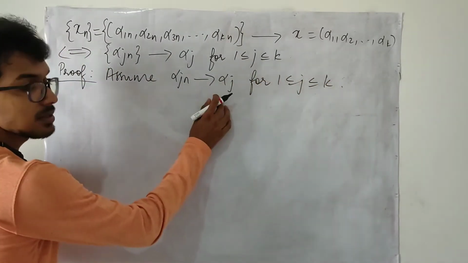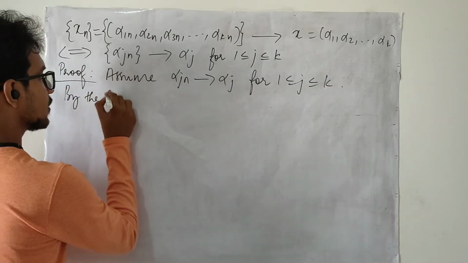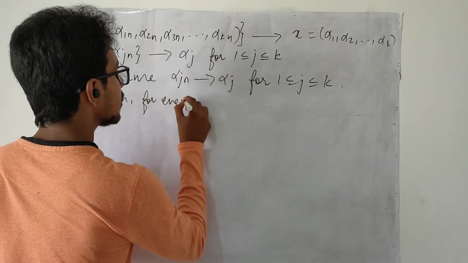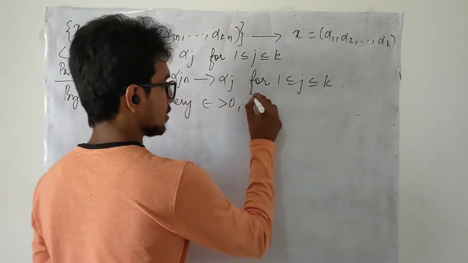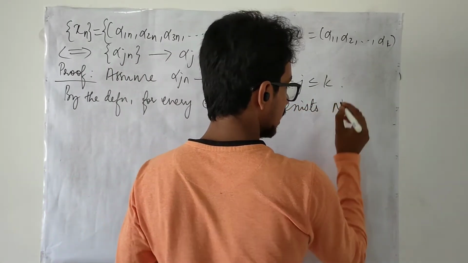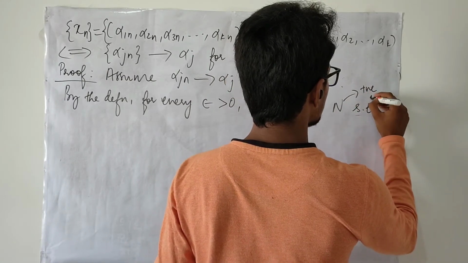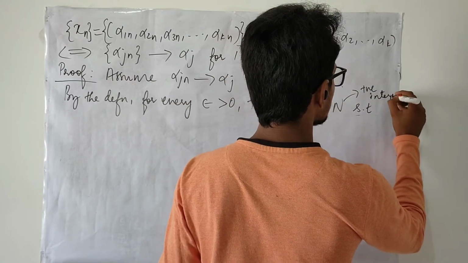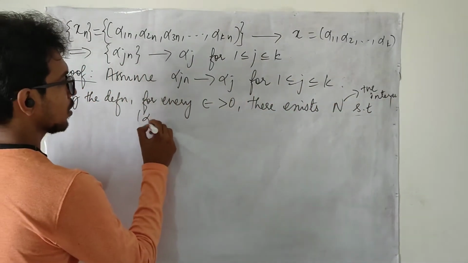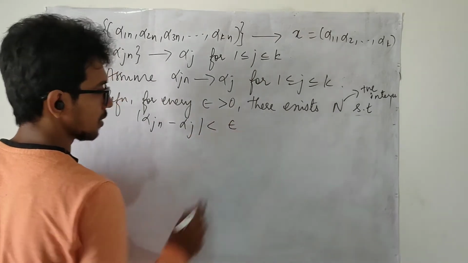Since this convergence is true, by the definition of a convergent sequence, what we have is, for every epsilon greater than 0, there exists some positive integer N such that absolute of alpha jn minus alpha j is less than epsilon.